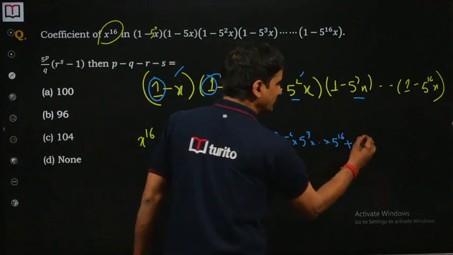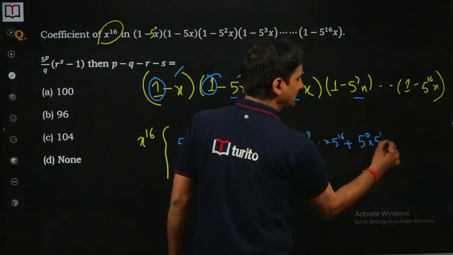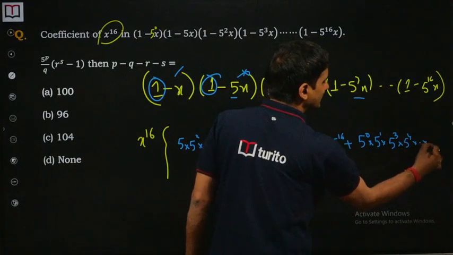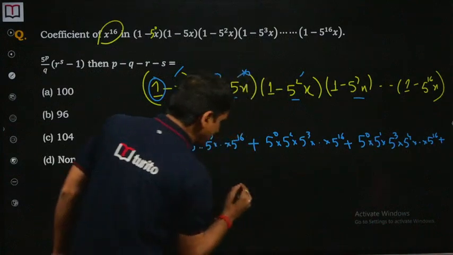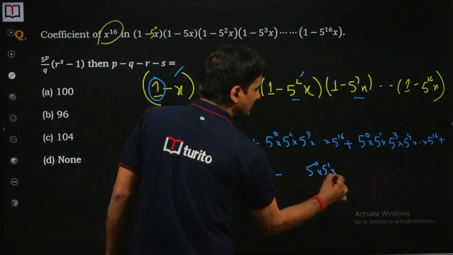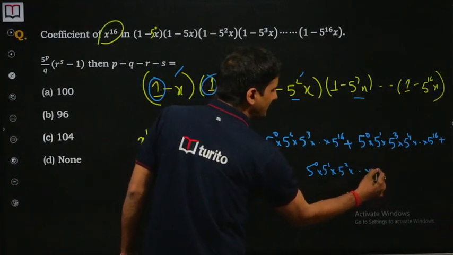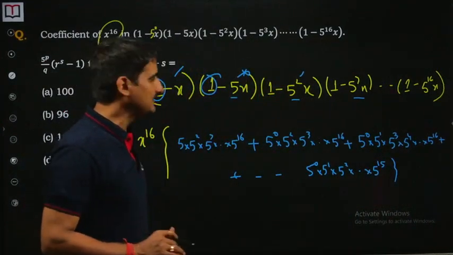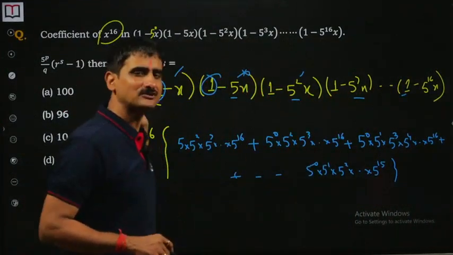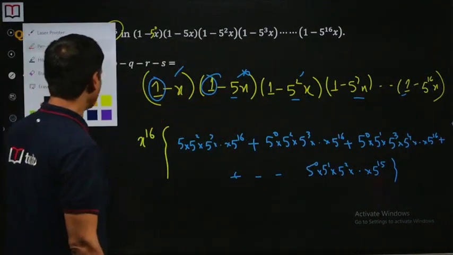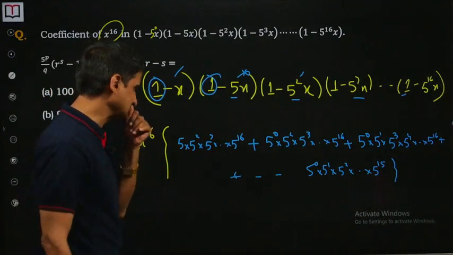What you can observe is that one power of 5 will be missing in every term. From 0 till 16, one power of 5 will be missing. At last I'll be selecting 1 from the last bracket and from the rest of the brackets the terms with x. Now how can we solve it is the crux of this question.